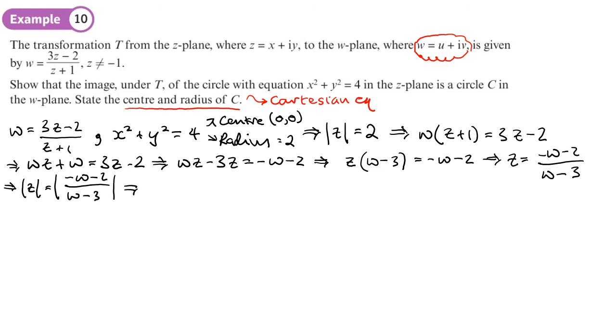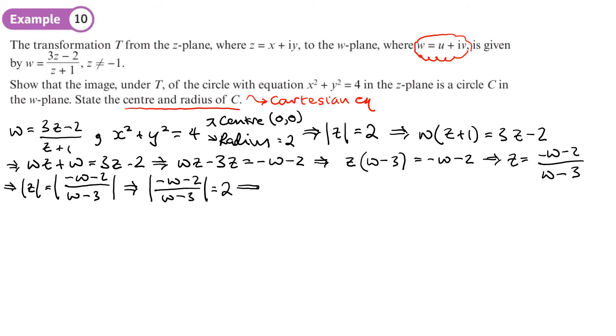Now we can make the substitution and replace this modulus of z with 2 here. So that now becomes the modulus of minus w minus 2 over w minus 3 equals 2.